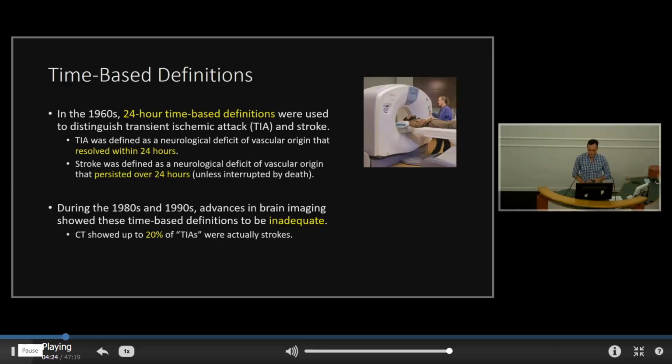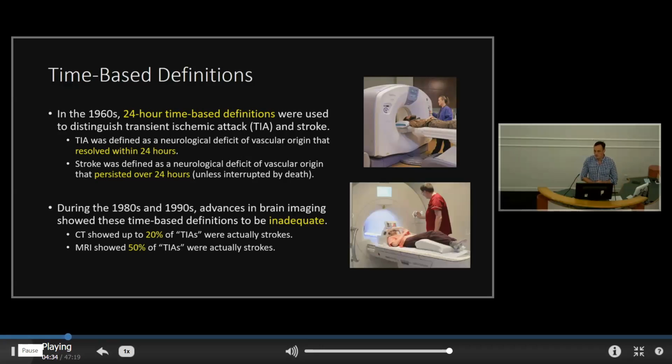When we started using CT scans, we found that up to 20% of the so-called TIAs by that time-based definition were in fact strokes. And MRI was even more extreme. We found that probably half of the so-called TIAs were actually strokes. So with imaging, it became quite apparent that this definition was no longer suitable. We have now moved on to tissue-based definitions.